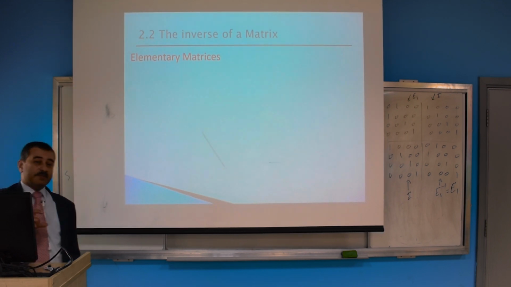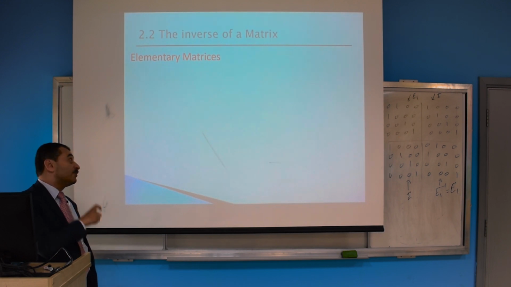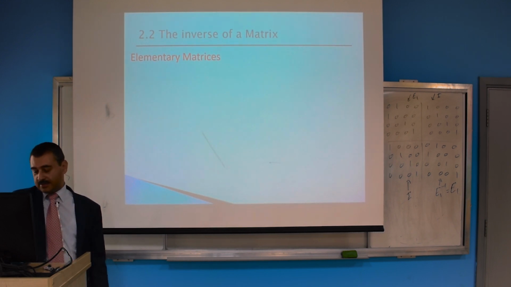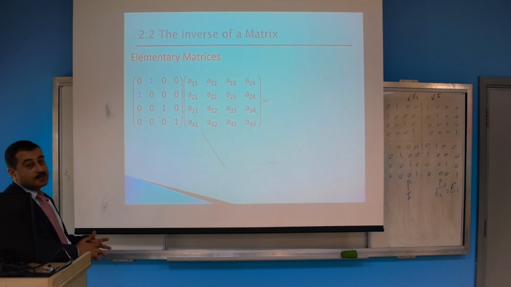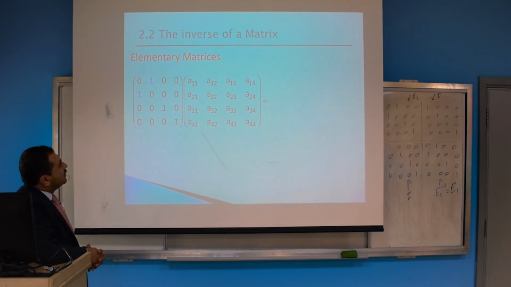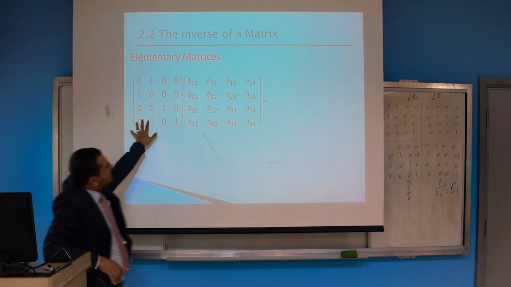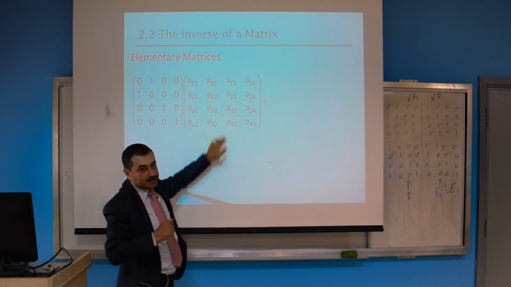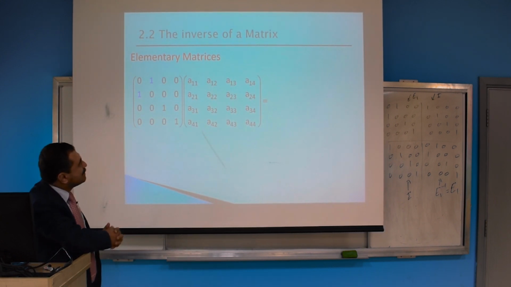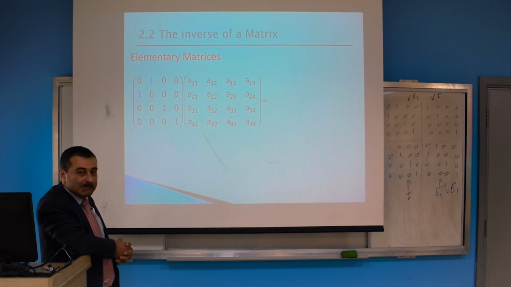Let's see what happens if you take this matrix and left multiply it with another matrix. Something like this. What would happen? I'll take this guy, multiply it with general matrix A. The adjacent elements in the second matrix are what will come out.